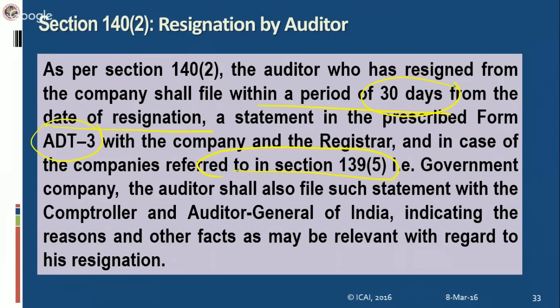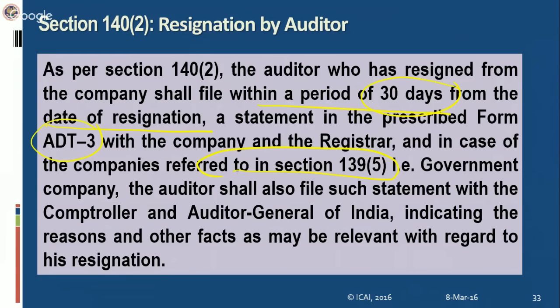Now if it is a government company, the auditor has got another responsibility to file such statement with the CAG of India also. And he will also tell the reasons and other facts with regard to his resignation.